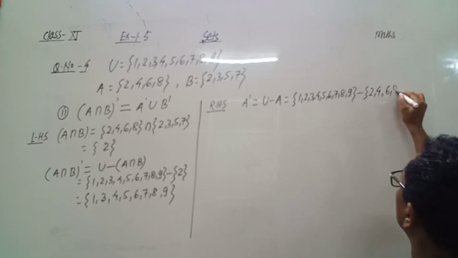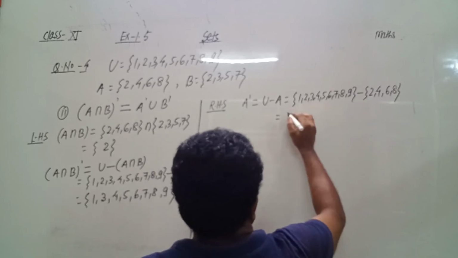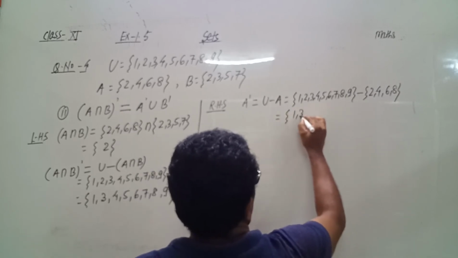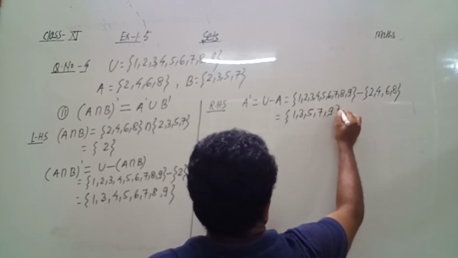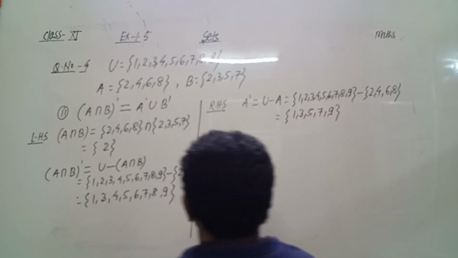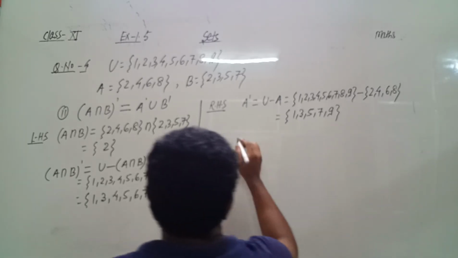So subtracting 2, 4, 6, 8, we get 1, 3, 5, 7 and 9. This is A dash.